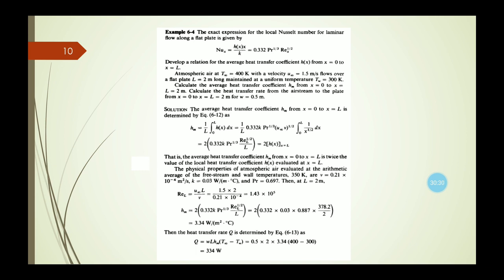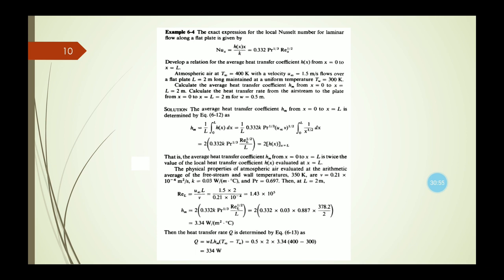Then the length of the plate is 2 meter, given in the question. The average heat transfer coefficient h_m we have just now calculated, 3.34, and the two different temperatures: the atmospheric temperature T infinity is given as 400 Kelvin, and the surface temperature of the flat plate is given as 300 Kelvin.